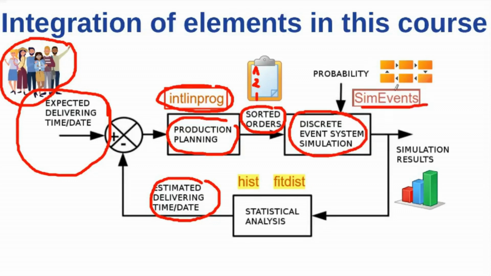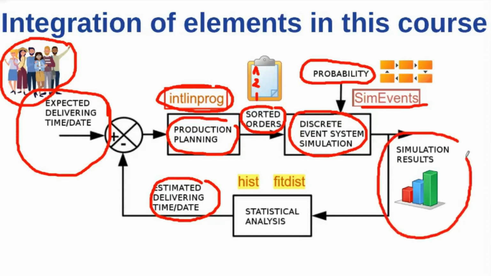We run this model several times in order to change the probability effects on this model. Then we get the simulation results. With these simulation results, we do the histogram, remember, and we can fit the probability density function that fits best our simulation results.